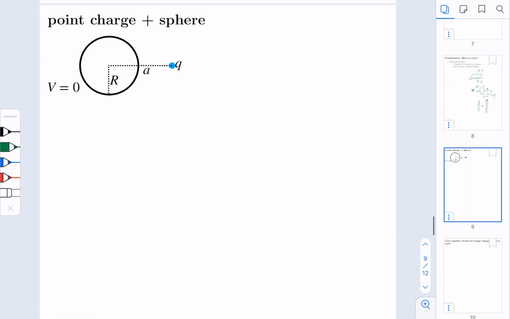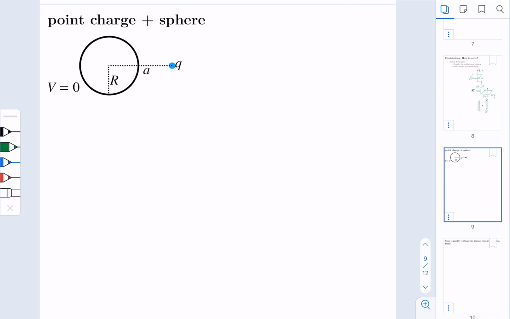Okay, so let's now look at a slightly different mirror. Here in this case, there is actually a very special kind of mirror or conductor, in that we can try to solve the problem of a single test charge near a sphere that is grounded.